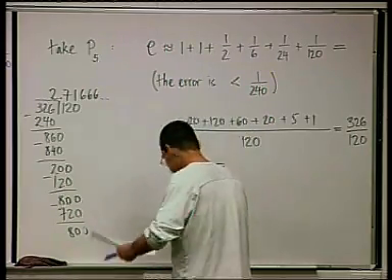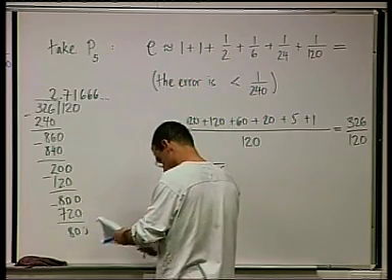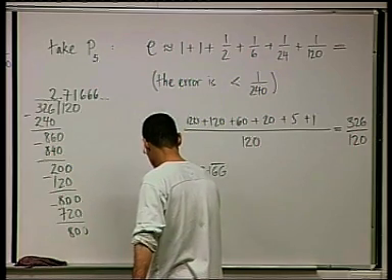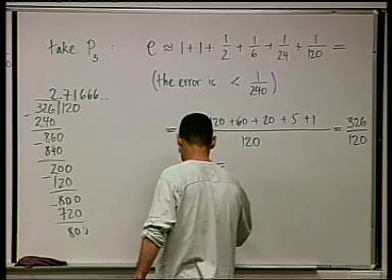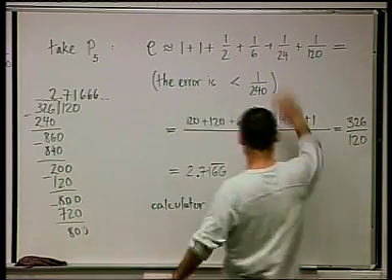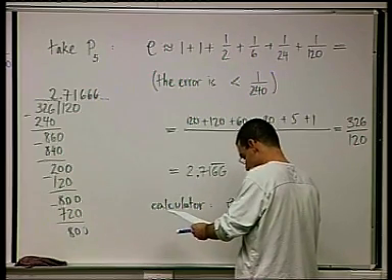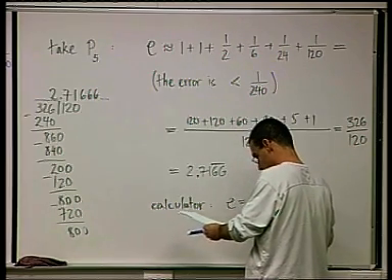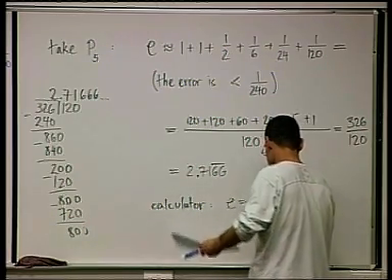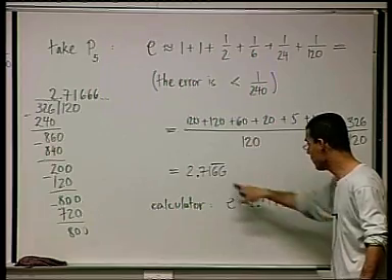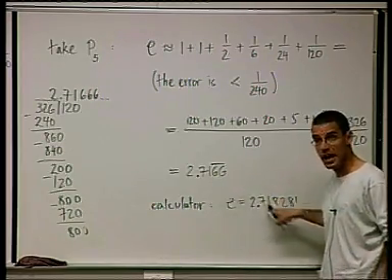But by the way, if you plug it into the calculator, not the approximation, just plug in E, it will tell you that E is 2.718281... So you can see that our error is indeed of the magnitude of 2 over 1,000.